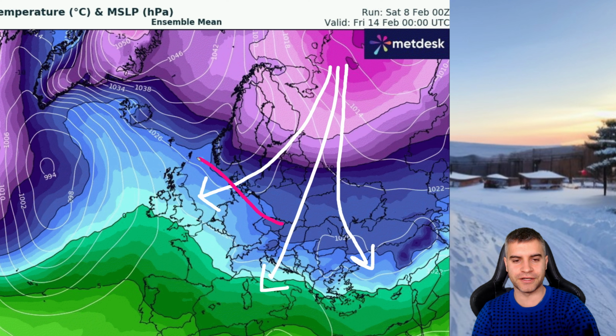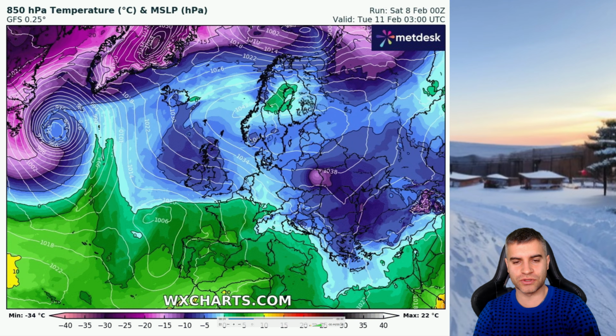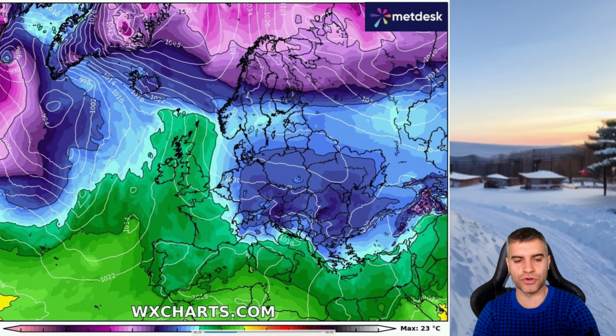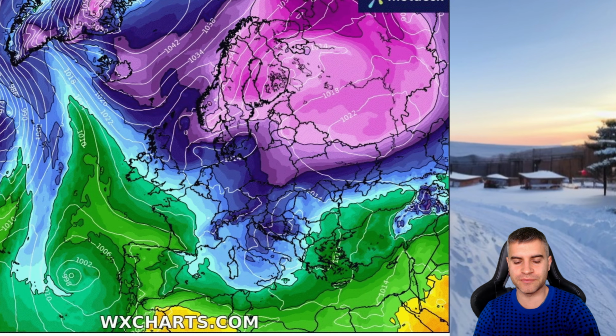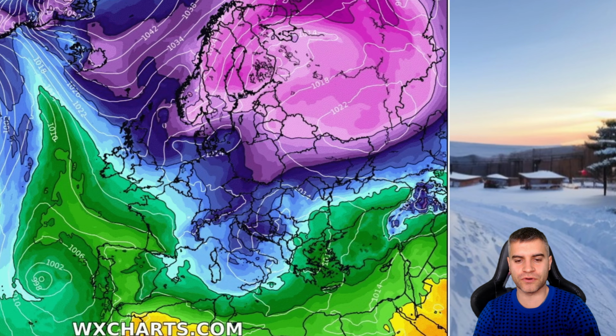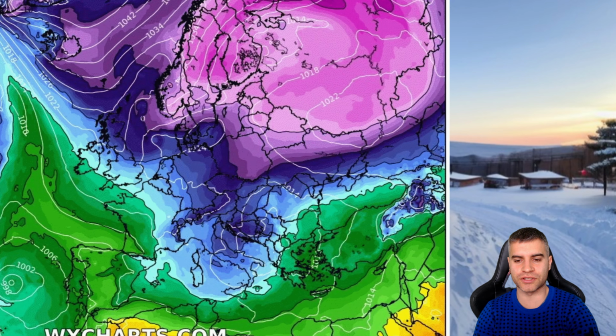And in this area here that I'm currently circling, we can expect the possibility of snowstorms developing when this cold air interacts with the moisture either from an Atlantic system or with the moisture from the Mediterranean Sea or the Black Sea.